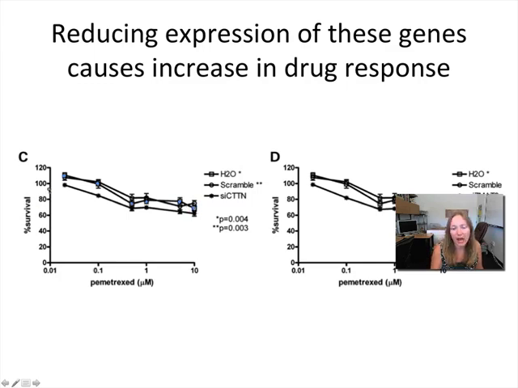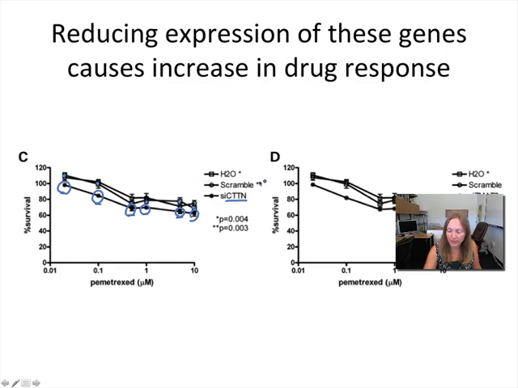But if you knock down the expression of this gene, if this gene goes down, then you get less cell survival at the same conditions. So that's these guys down here. And by doing this, they show a very compelling argument for this gene being involved in the drug response, because if you knock it down, you change the drug response.